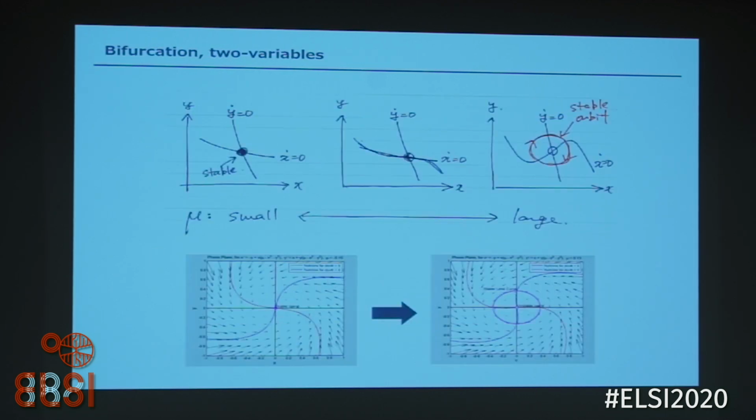So this figure tells us that the sign of the slope of one variable is critical. Here, the slope is like this, right? But with increasing the mu value, the sign of the slope changes, right?